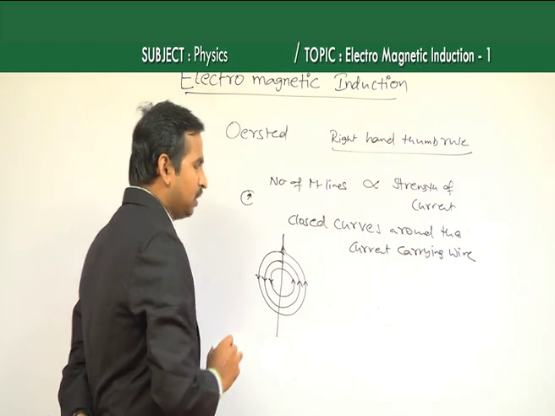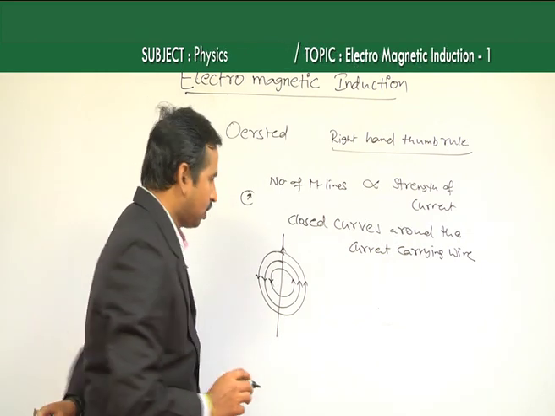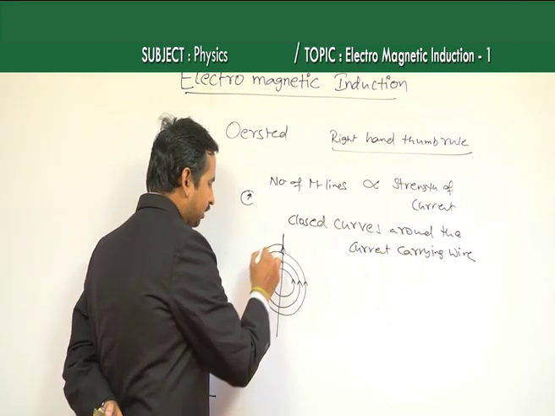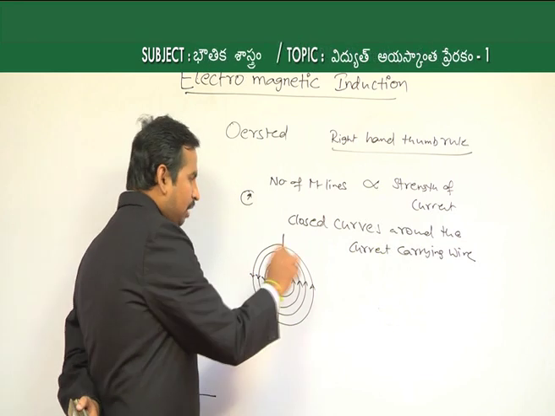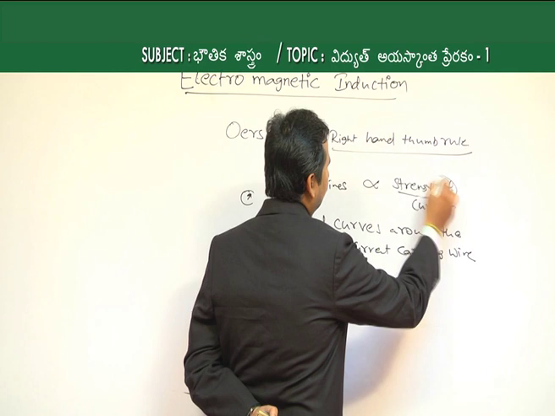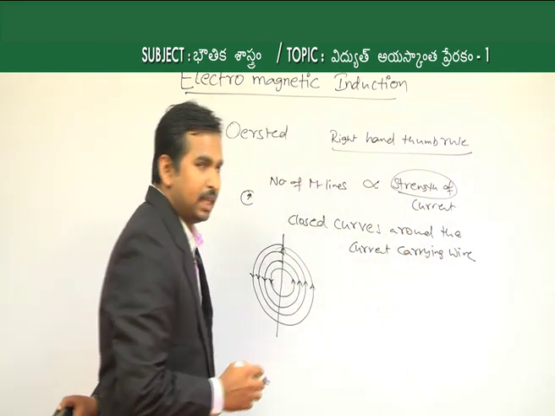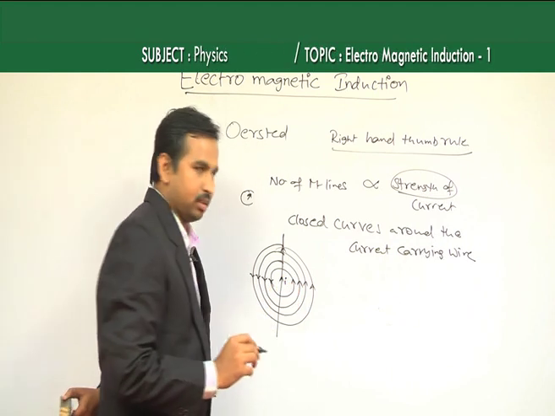Concentric circles means all the circles have the same center. This number of magnetic lines of forces depends on the strength of the current we are passing here, if it is taken in the upward direction.